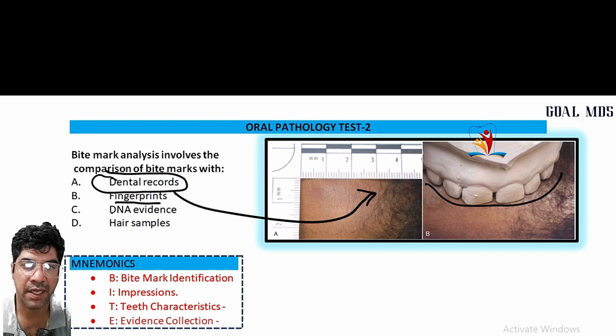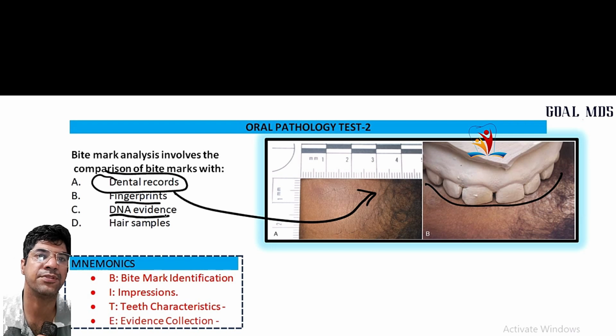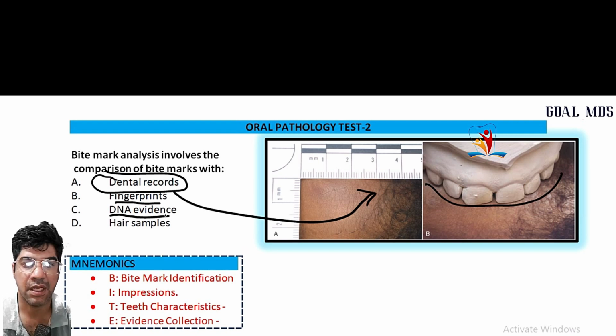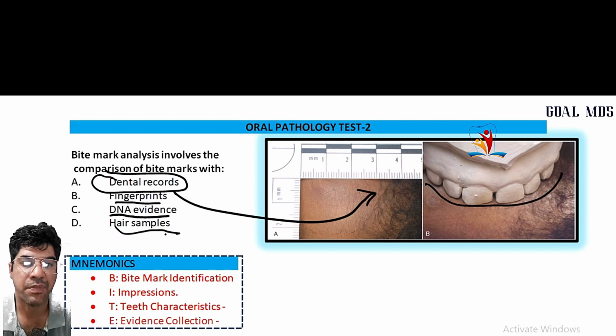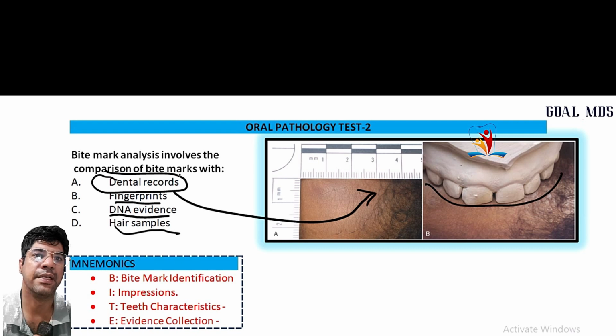It is used for identification purposes, but it is not directly related to bite mark analysis. The third is the DNA evidence. DNA analysis involves the examination of genetic material from biological samples like blood, saliva or hair to identify the individuals. The last option is the hair samples.